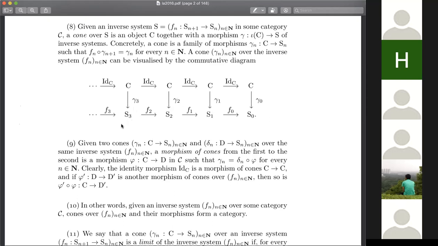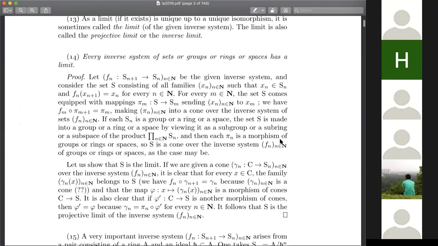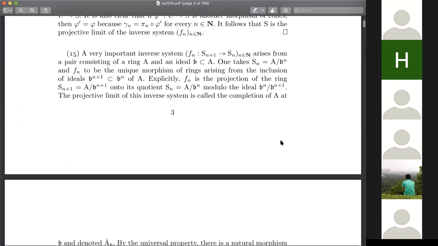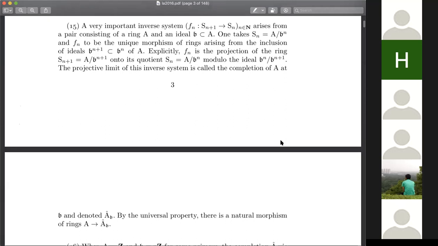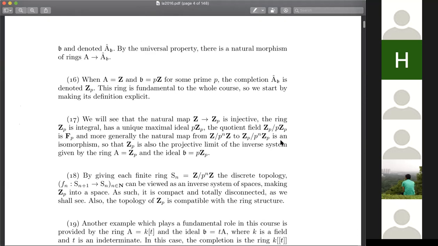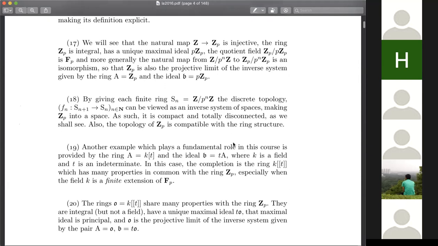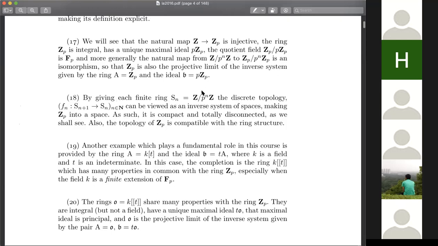Then at the (n+1)th stage, I should choose an element which maps to that element under f_n, right? So that is the notion of the inverse limit of an inverse system of rings. So this is the basic example.